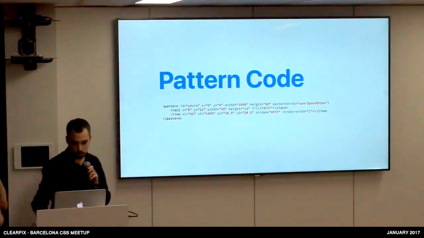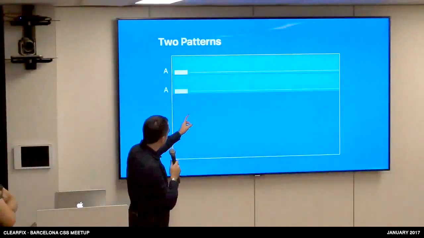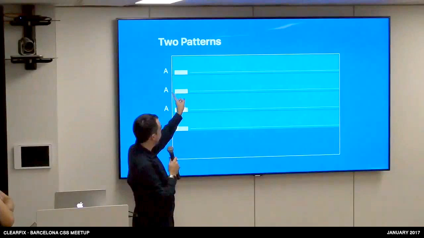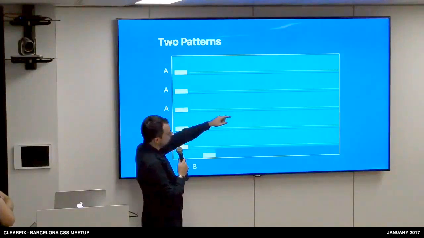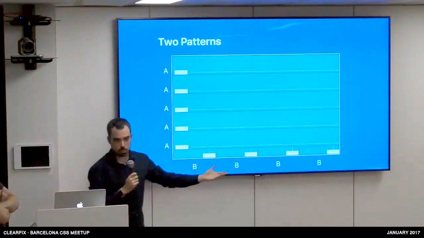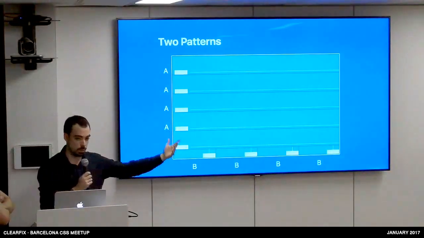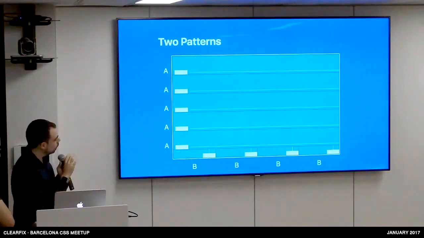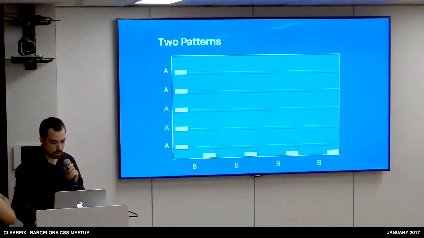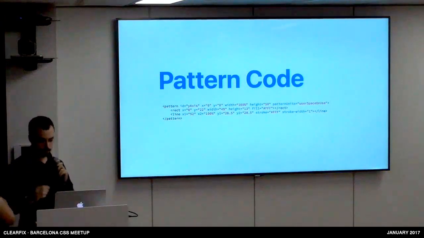So when the pattern repeats, this coordinate will always be fixed at 52 from here. But that one will extend no matter how big the SVG is, which is what we want to achieve. If we don't do that, at some point we will cut the pattern and it will start repeating over. A similar technique applies for pattern B, but that one is simpler because it always keeps its height.